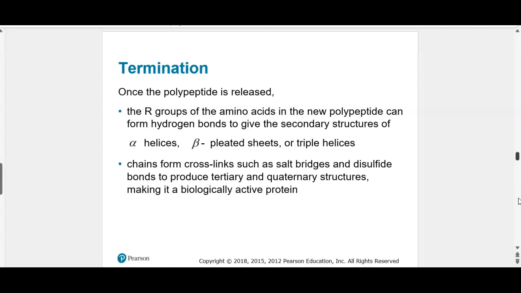Then you're going to form the various cross-links, salt bridges and disulfide bonds, enzymatically, and the protein's going to be assembled into not only primary and secondary, but also tertiary and quaternary structures. If you have hemoglobin, you're going to need 4 subunits, 2 pairs of identical subunits, so you're going to have a couple of different polypeptides synthesized by a couple of different messenger RNAs, and then they're going to go on from there.